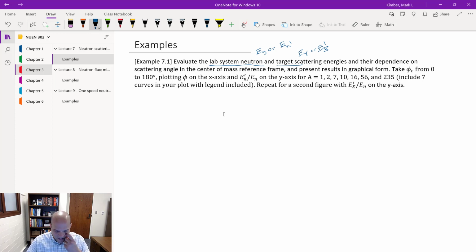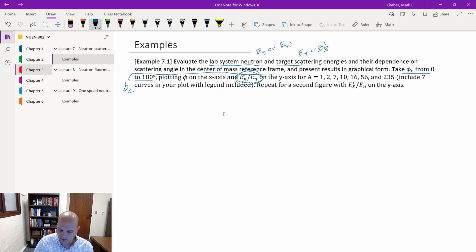And we find their dependence on the scattering angle in the center of mass reference frame. So scattering angle in the center of mass reference frame, that is phi sub c. And we want to present the results in graphical form. We want to take, as we've done in the past, phi from 0 to 180, and we want to plot phi on the x-axis. And we want to compare that to this here, which represents a relative energy decrease in the neutron.